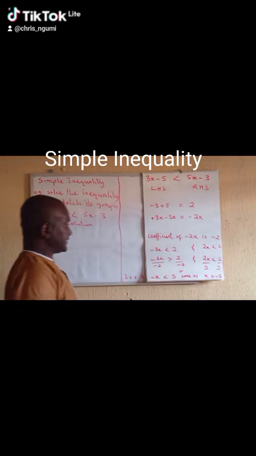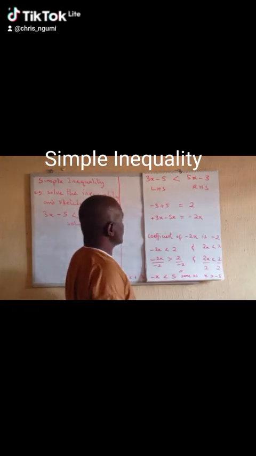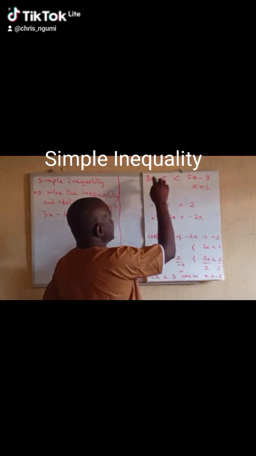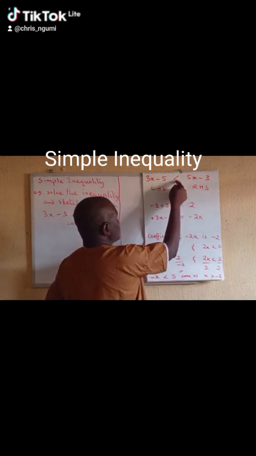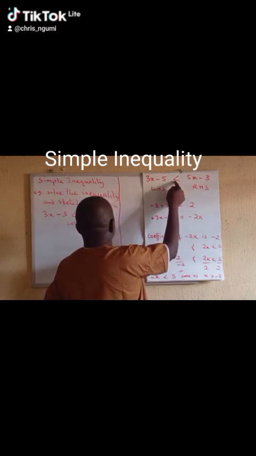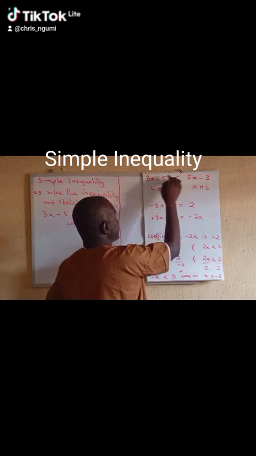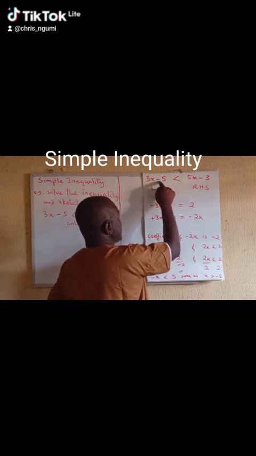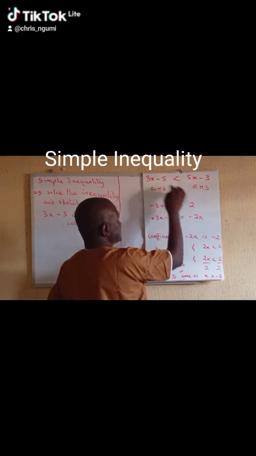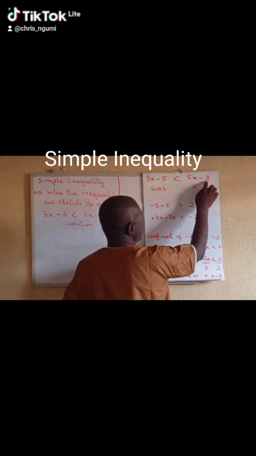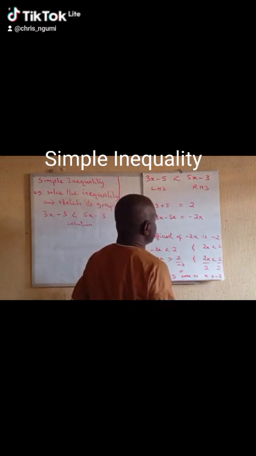Now let's look at a chart here. We have said that this less than or equals to, this less than is as demarcated. So this 3x minus 5 is the left hand side and 5x minus 3 is the right hand side.